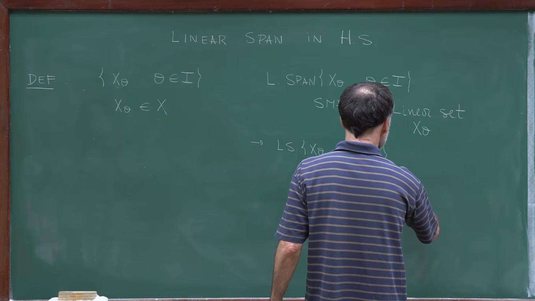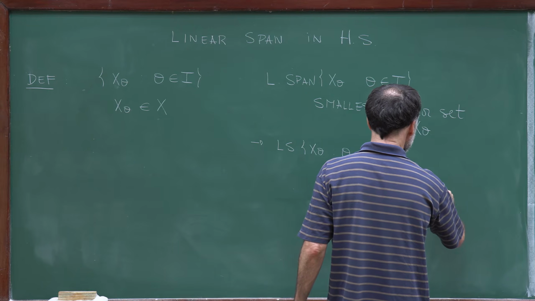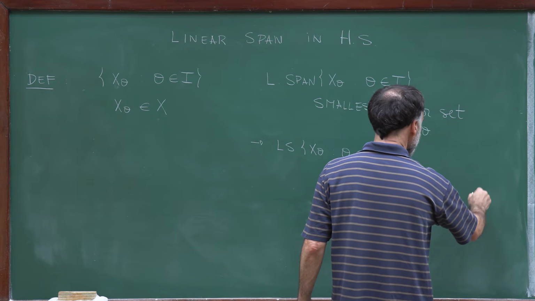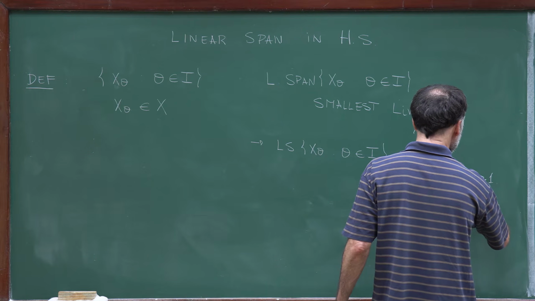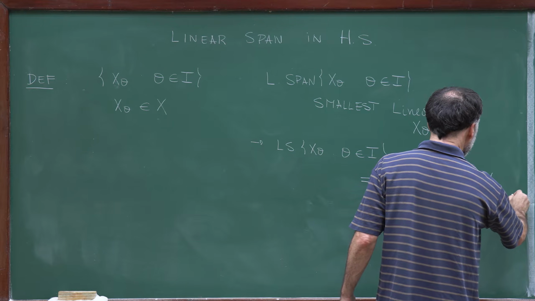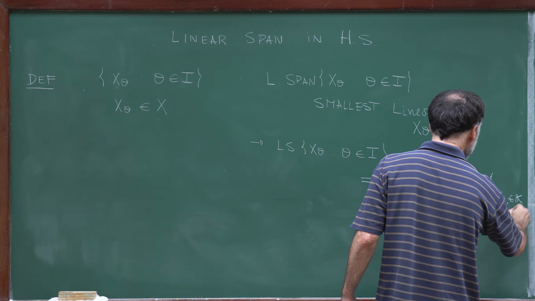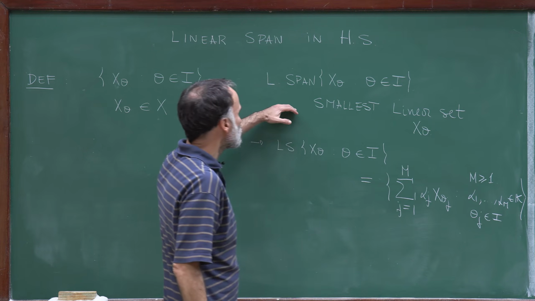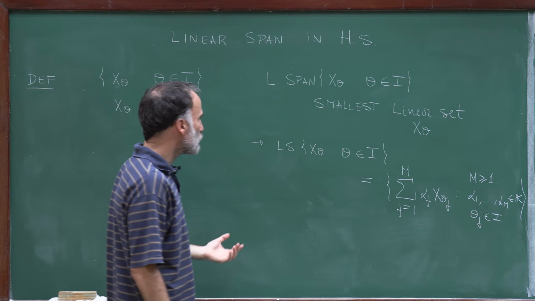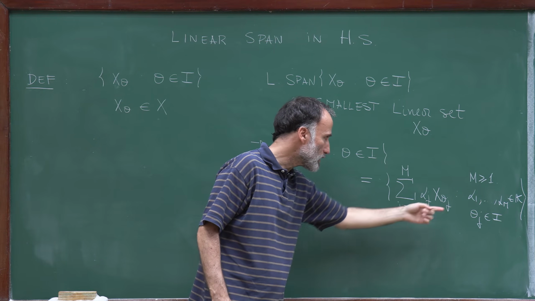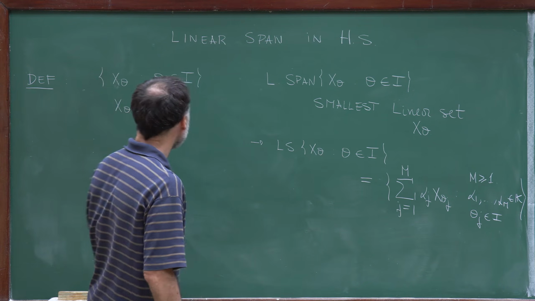So this is the set of all sums from 1 to m of alpha_j x_theta_j, where m is a non-negative integer, alpha_j are scalars, and theta_j belongs to I. So this is the definition of linear span. Remember, it's the smallest linear set which contains x_theta, and we proved that the linear span of this family is actually given by all finite linear combinations of these x_theta.